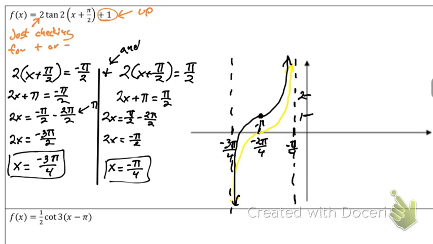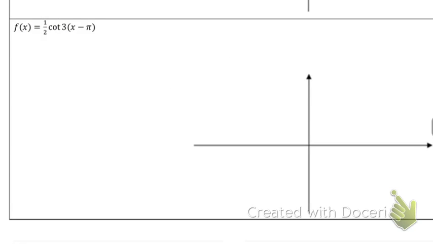All right, one more graph together. This one's going to be cotangent. I don't care about that 1/2. All I care about is it's positive. So that means no flip. There's no up or down.